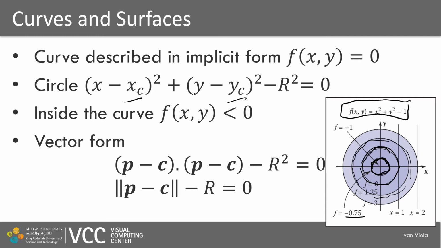And this implicit representation, as we can see, is not only defining a circle, but is also telling us whether a particular point is inside or outside the circle, or even how far it is from the circle.